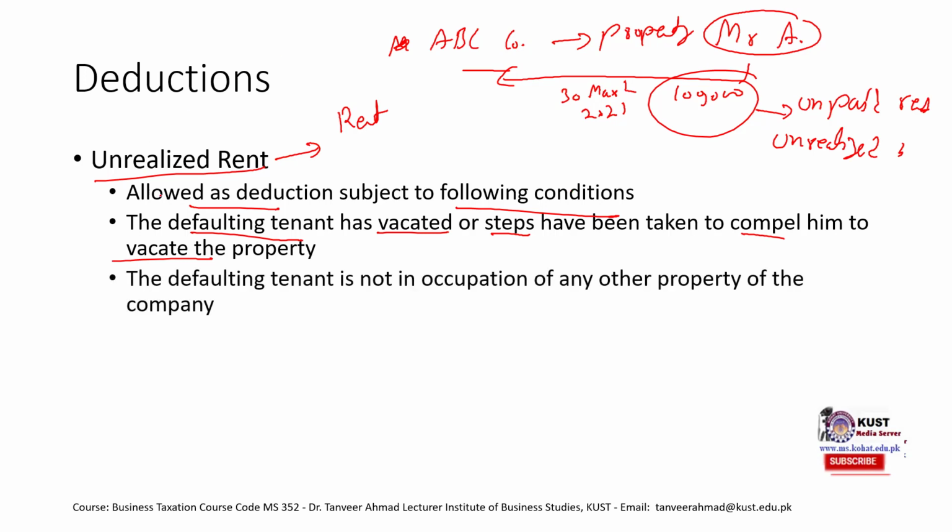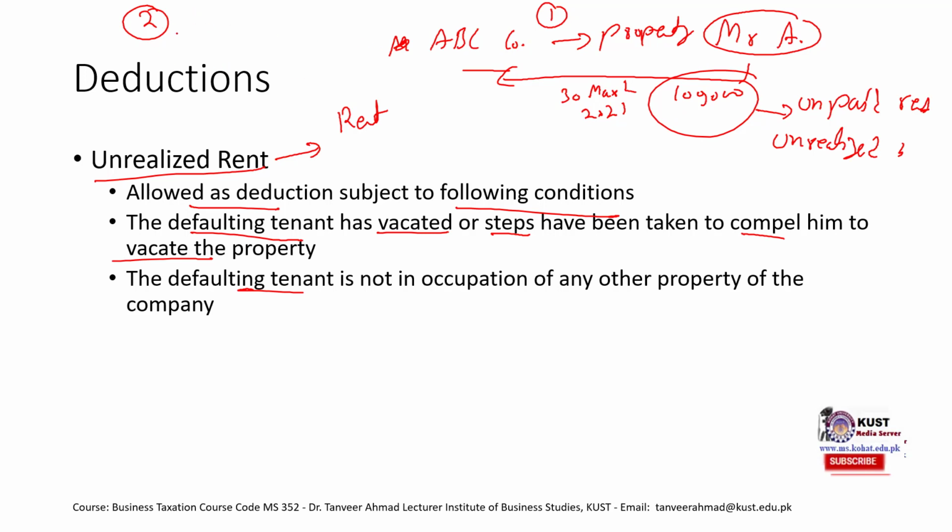The second is the defaulting tenant is not occupying any other property of the company. Let's just say Mr. A although vacated ABC company's specific property number 1, but there is another property number 2, which is also under the occupation of Mr. A. In that case, this deduction of unrealized rent will not be allowed.